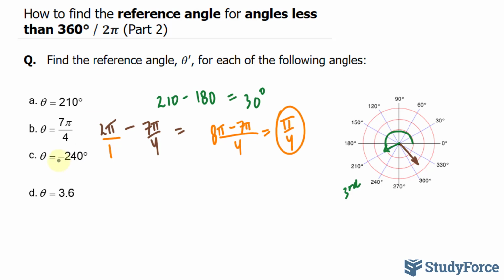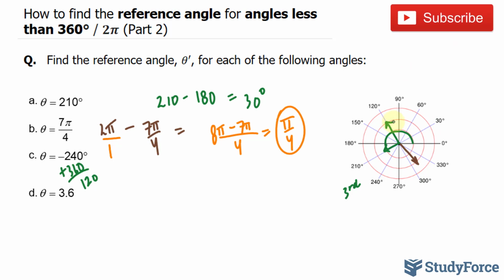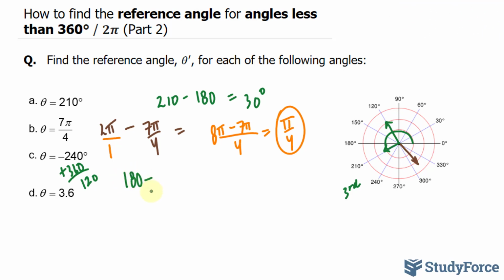Add 360 degrees to this. If we add 360 degrees to this number, we end up with 120, and now we know that our terminal side has to be here. That being said, to find the reference angle in the second quadrant, we take 180 and subtract 120. This gives us 60 degrees.